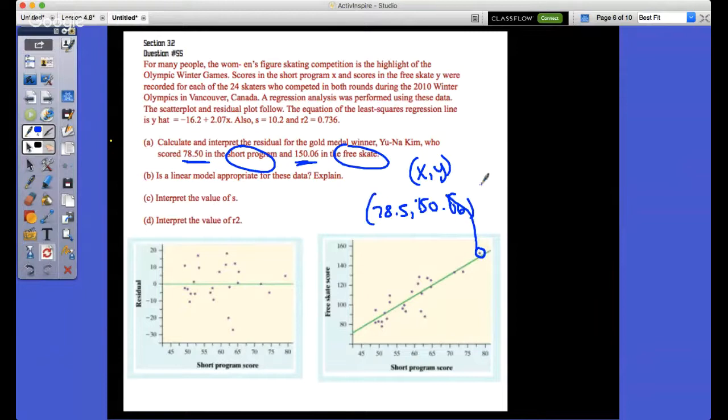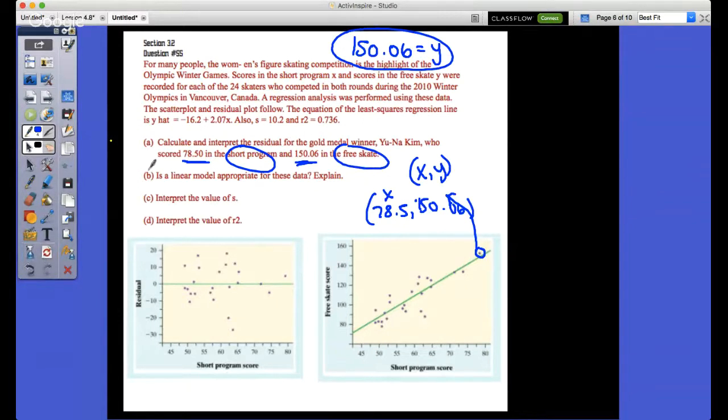Now, because that is the point, it's important to remember that that is the actual value. So if I give it to you, that is the actual value. 150.06 is my actual Y. The X value is 78.5. It asks to calculate the residual.